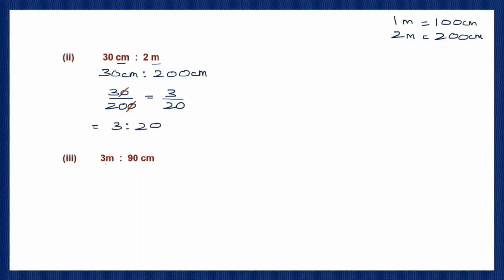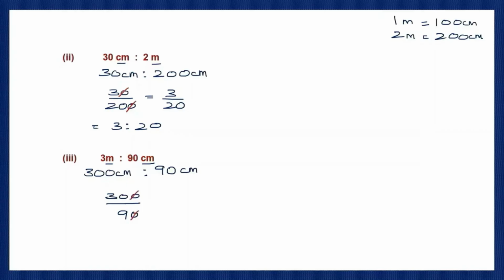Next question is also meter and centimeter, and we'll convert meter to centimeter. 1 meter is 100 centimeters, therefore 3 meters is 300 centimeters is to 90 centimeters. Now we'll write it as a fraction, 300 by 90, and let's cancel 1 0 there and 1 0 here.